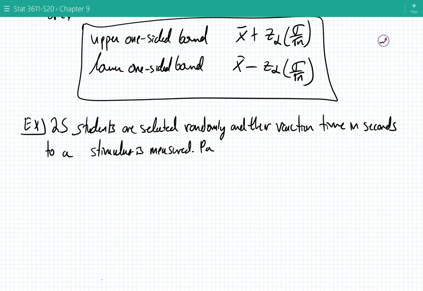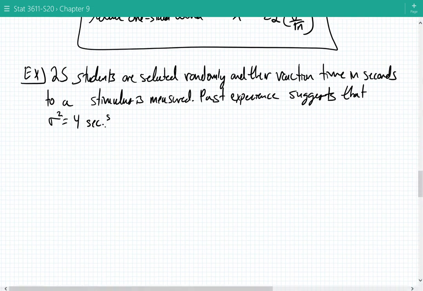Past experience suggests that a reasonable value for sigma squared is 4 seconds. This is a variance, so this is 4 seconds squared.